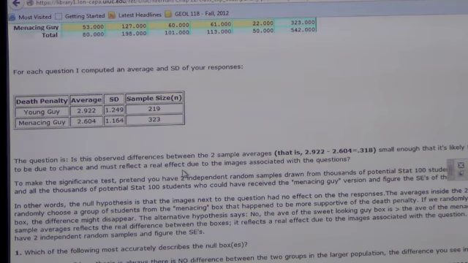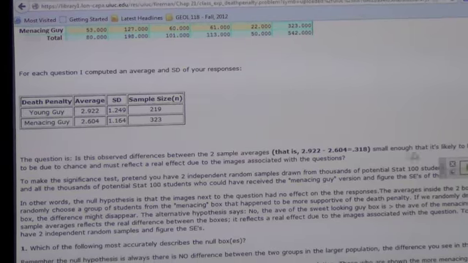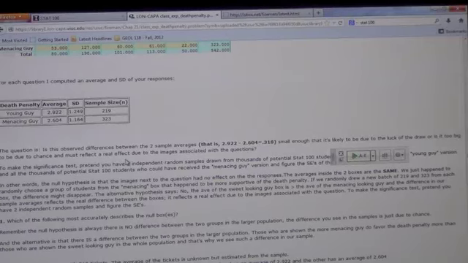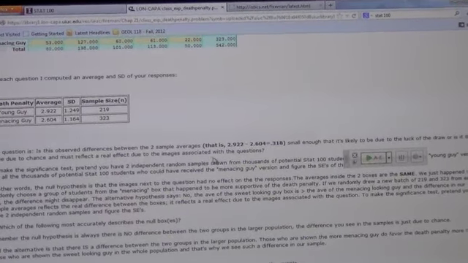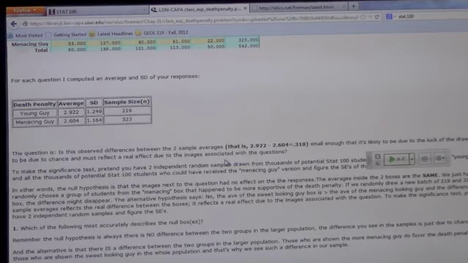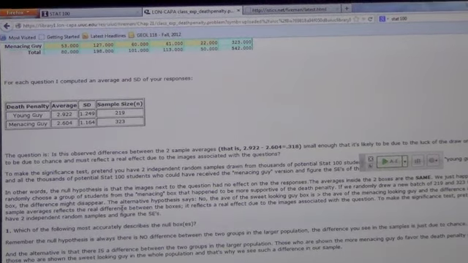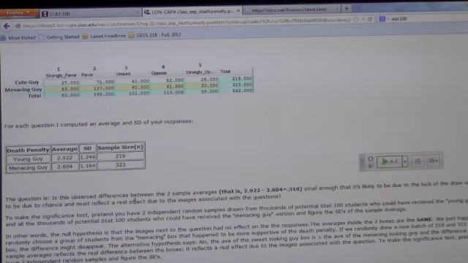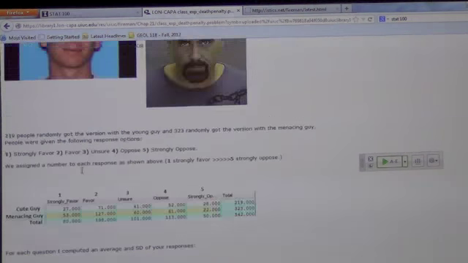And so the question is whether this observed difference between the two samples, of 0.318, is small enough that it's likely to be due to the luck of the draw, or if it's too big to be due to chance, it might reflect a real effect due to the images associated with the questions. So you're going to do a significance test. I explain it here, and you're going to see if that difference is significant.